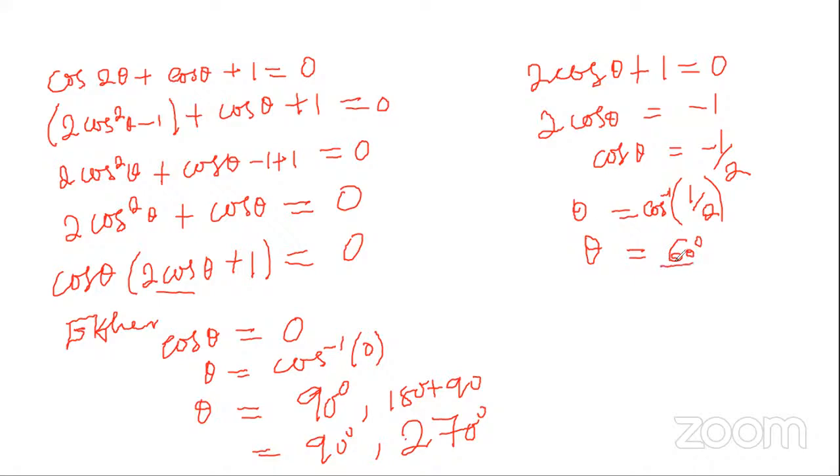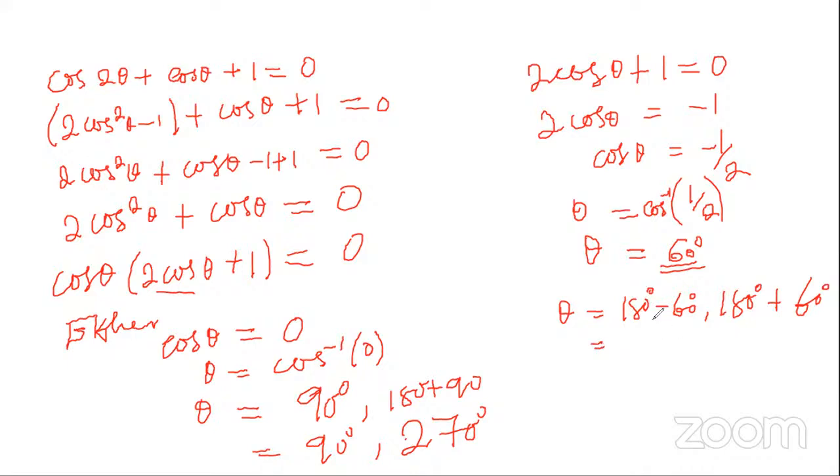So here we shall not need this angle because their cos is positive. So we shall get an angle in the second quadrant, which is 180 minus 60, and an angle in the third quadrant, which is 180 plus 60.